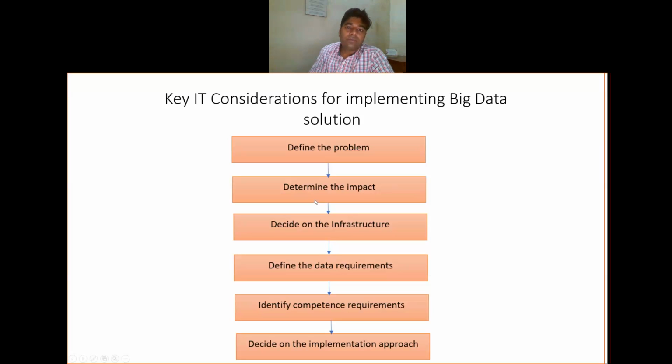So next in this class we have the key IT considerations for implementing a big data solution. Okay, and here some steps are associated with this. So let's start.